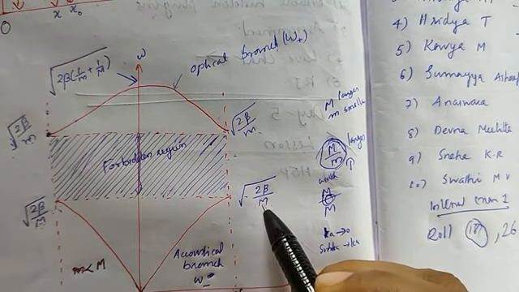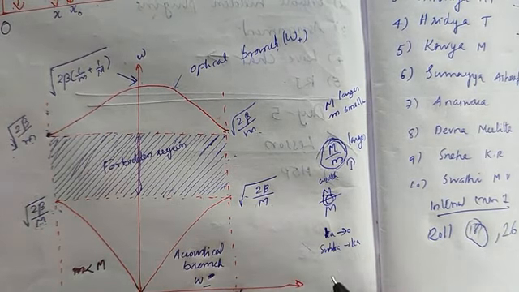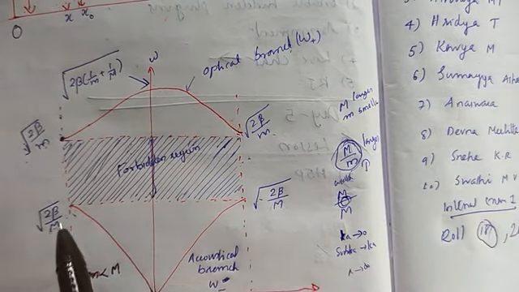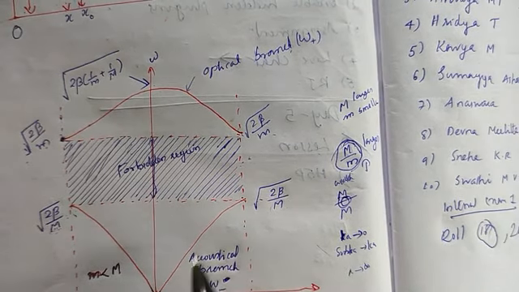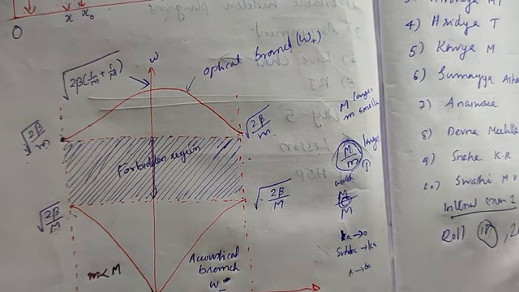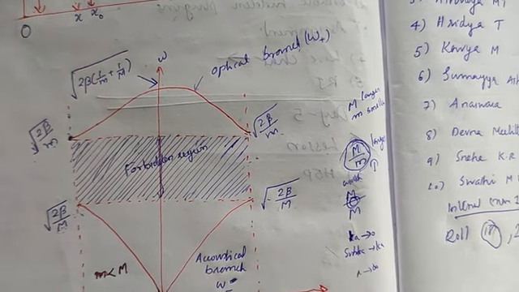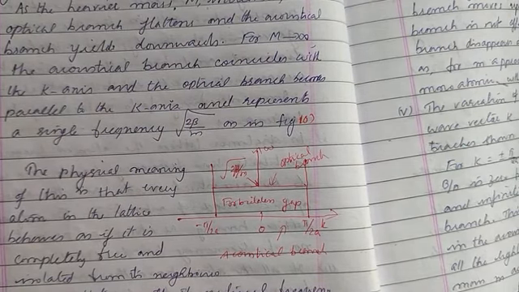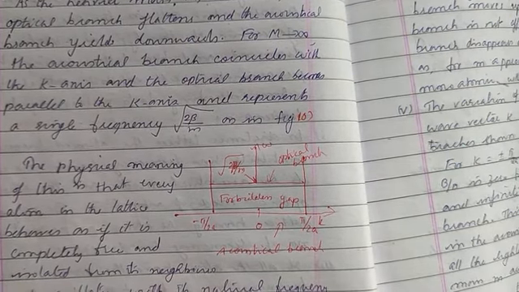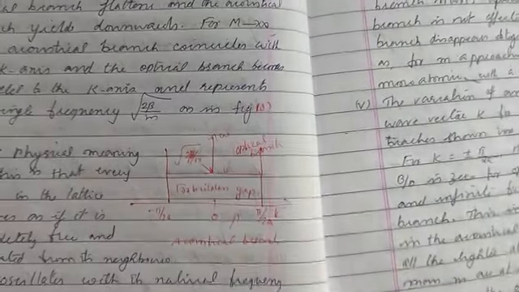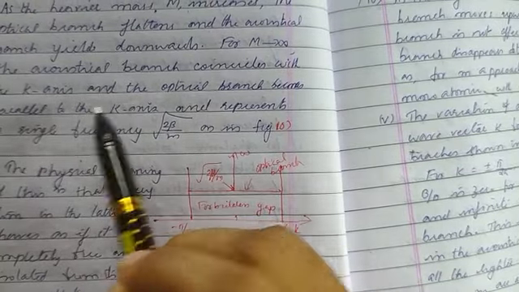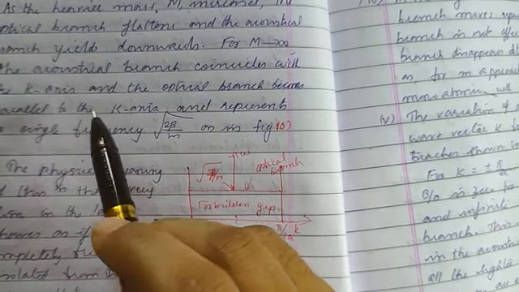And in the limiting case, when M tends to infinity, the acoustical branch exactly coincides with the k-axis, and the optical branch becomes parallel to the k-axis.